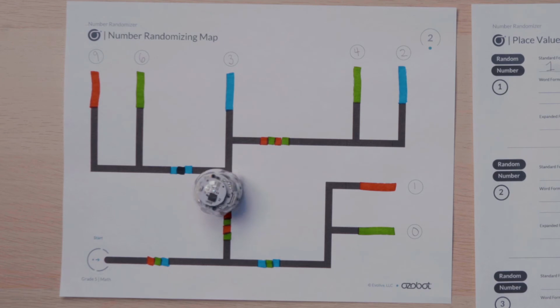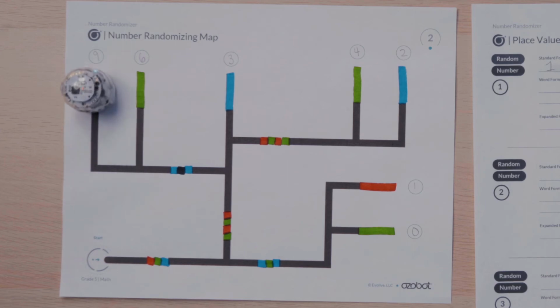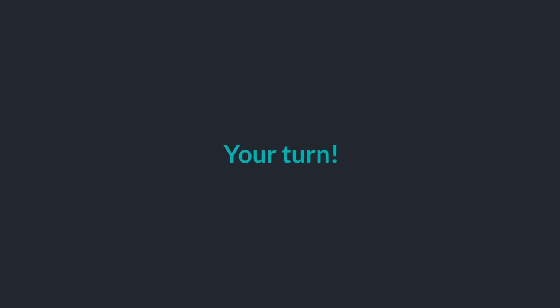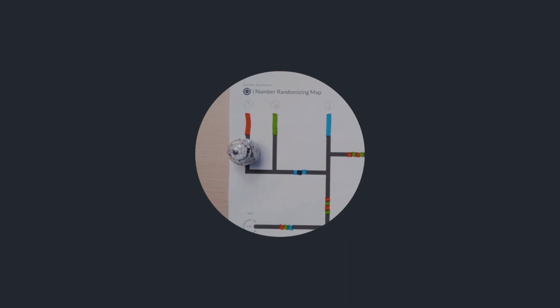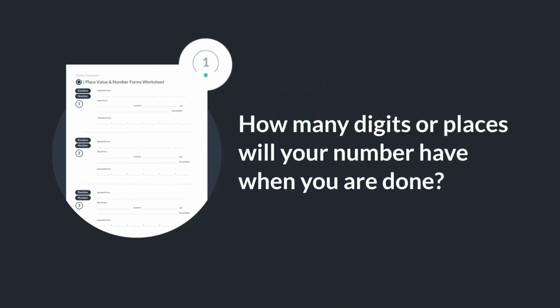Since it's truly random, your bot might choose the same number multiple times. How many digits or places will your number have when you are done?